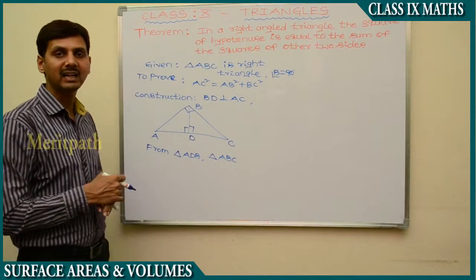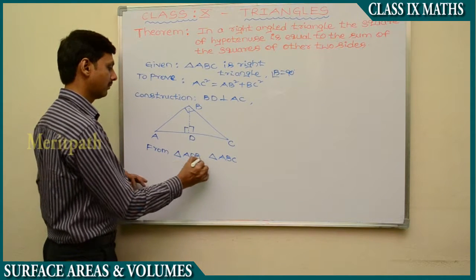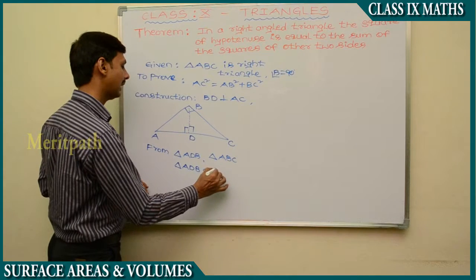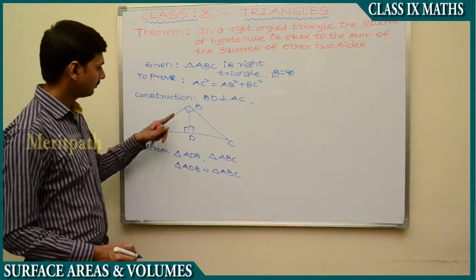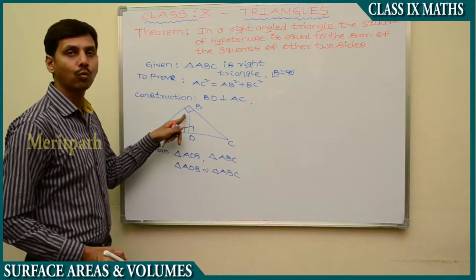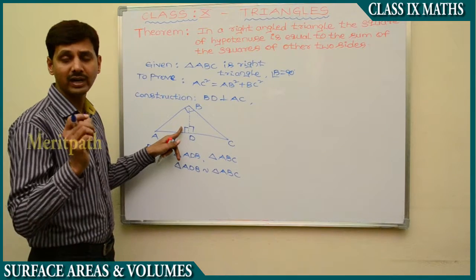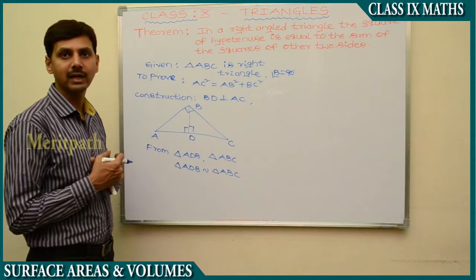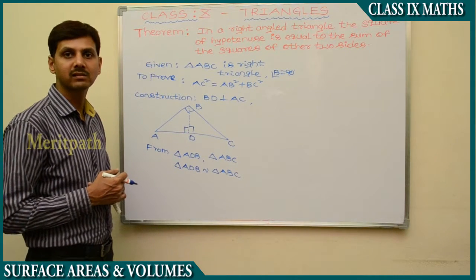These two are similar. Triangle ADB is similar to triangle ABC. The reason is in triangle ABC, one of the angles is 90 degrees, and triangle ADB also has one angle 90 degrees. And using the AA similarity, we can say that the two triangles are similar.